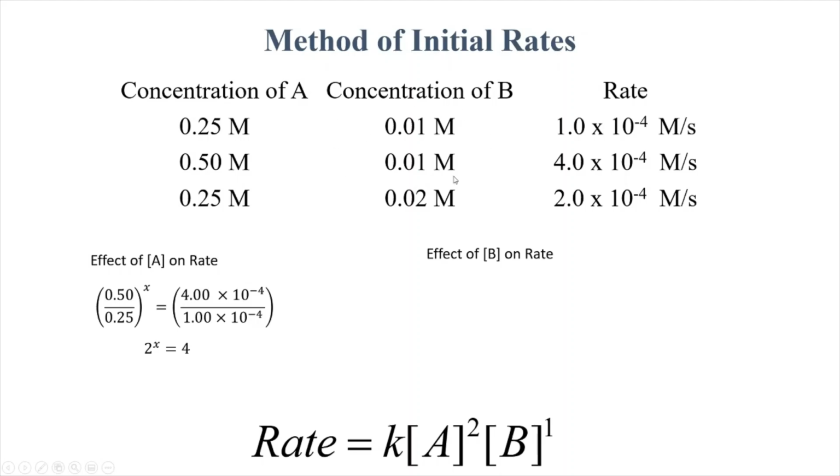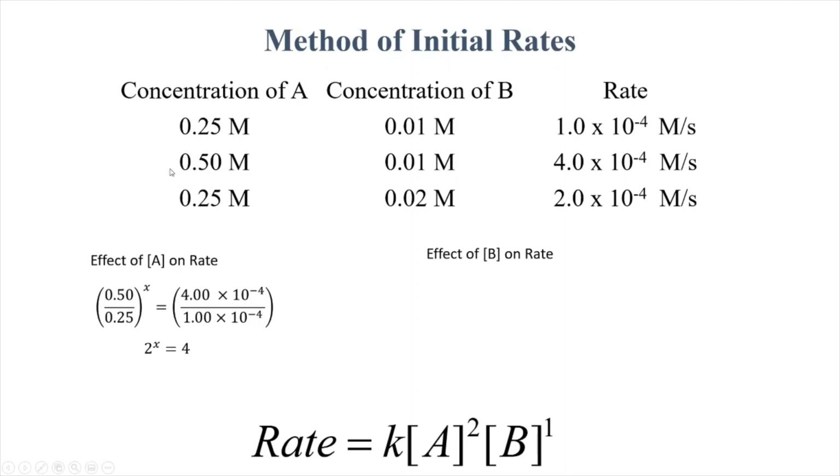And that's really important because if we're trying to figure out the effect of A, we need to hold all other variables constant so we can just see, hey, how does changing A affect the rate? And then by holding B constant, we know that there's no effect of the rate on B. So using trials 1 and 2, we can begin to understand what's happening with A.